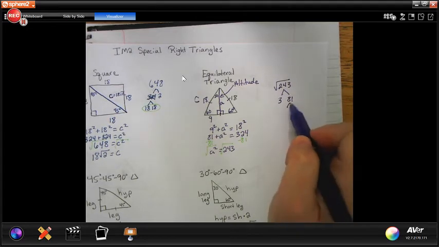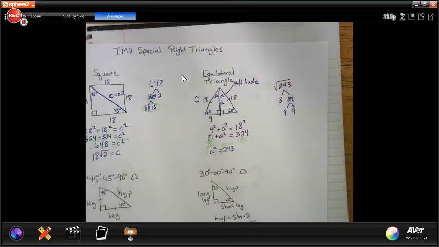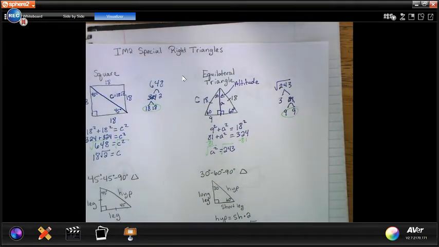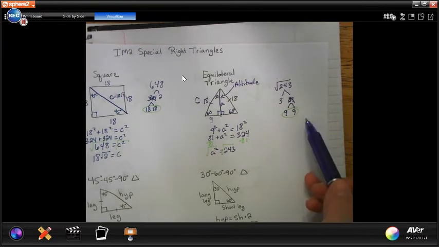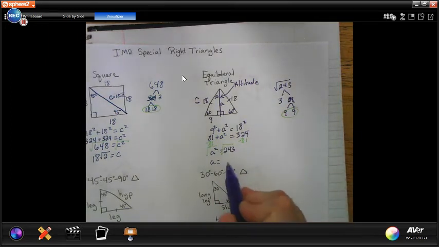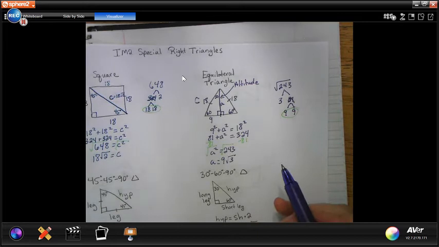And 81 is easy because that's 9 and 9. And now I have twins. Remember, twins break out. Now I could break the 9s down to 2 pairs of 3s and then break out 2 pairs of 3s. It's just easier if I already have twins, they can break out. So I get a equals 9 that breaks out. The radical 3 is left behind.